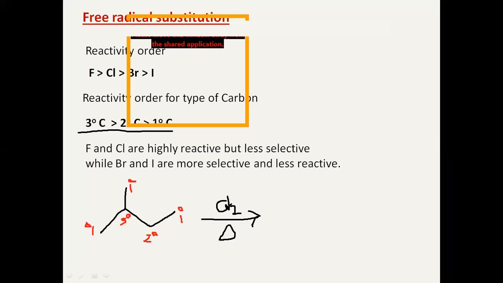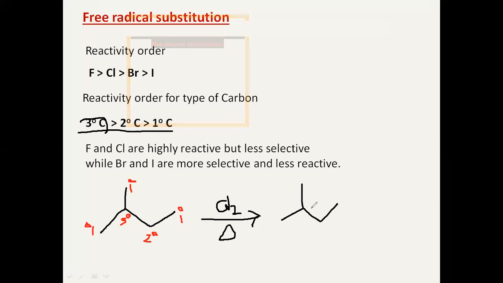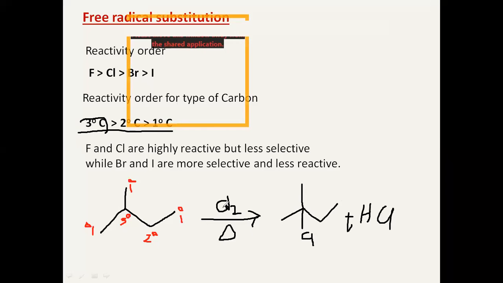Which carbon will react with chlorine? The tertiary carbon. So the major product, or the first product, would be this one, and HCl. HCl means one Cl from this and H from this.